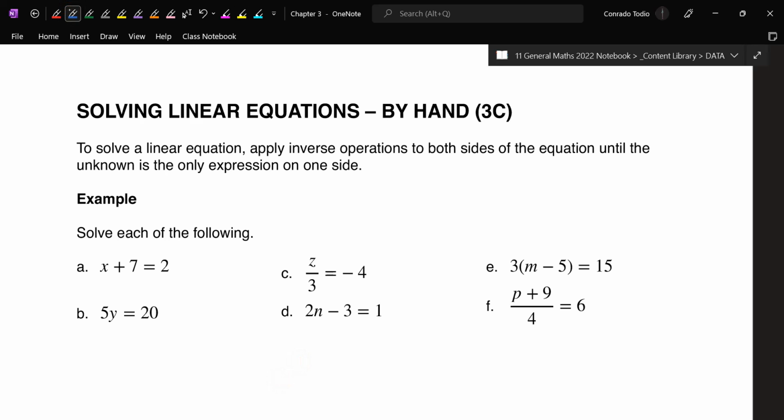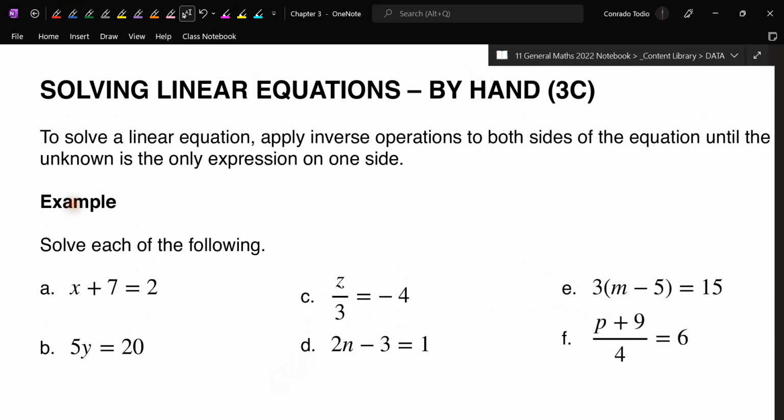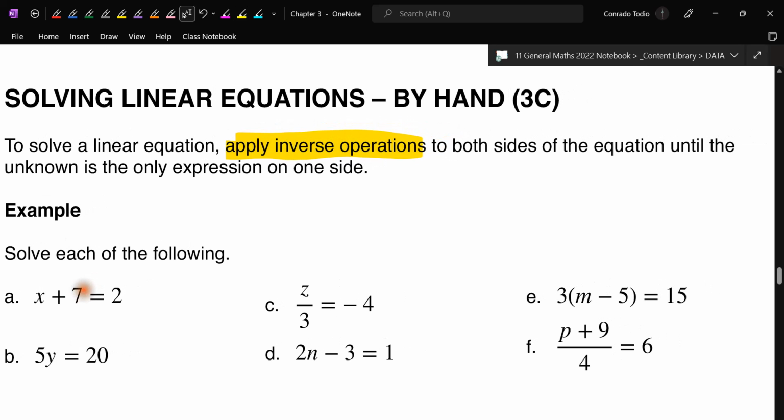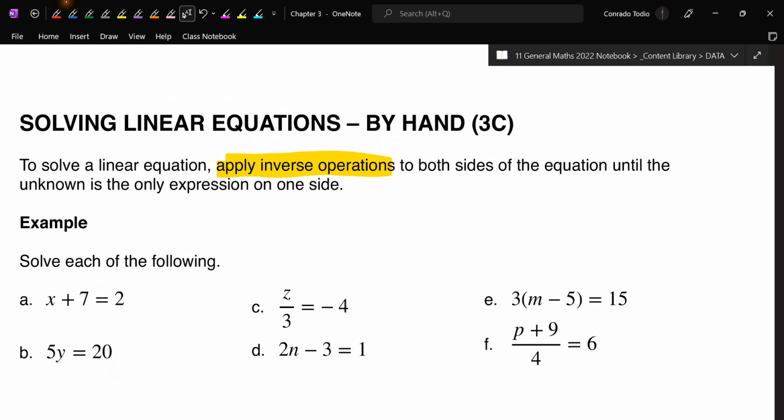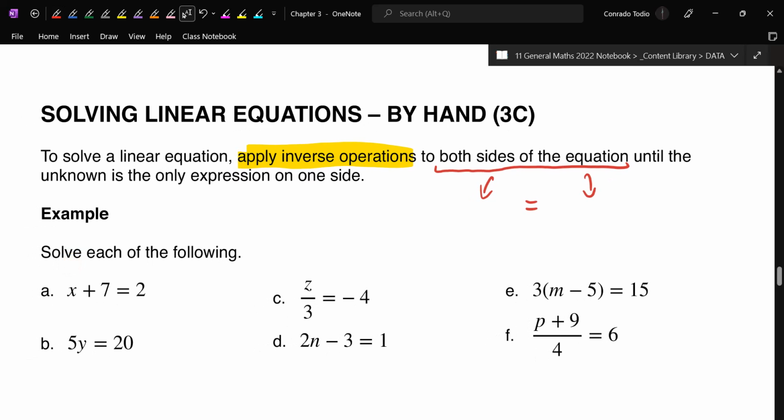So solving a linear equation by hand, you need to apply inverse operations to both sides of the equation. When we're talking about both sides of the equation, it's talking about the equal sign. So when you have an equal sign, it's talking about this side and that side. Whenever you're moving numbers from one side to the other, it's always talking about inverse operations.